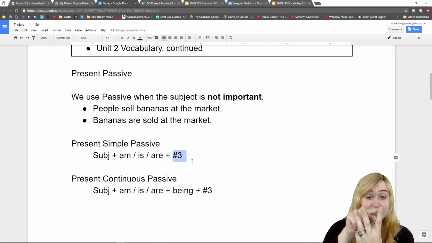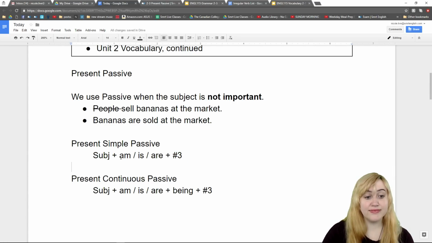Eat, ate, eaten. Eaten is verb 3. Play, played, played. Played is verb 3. So we just need a subject, am, is, are, and a verb 3 for present simple passive.